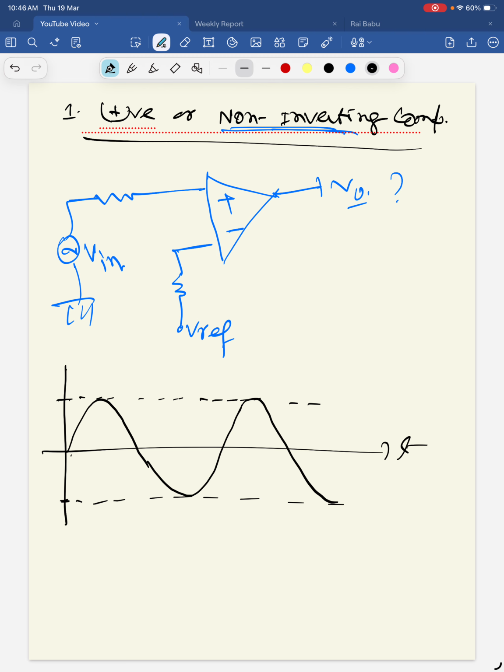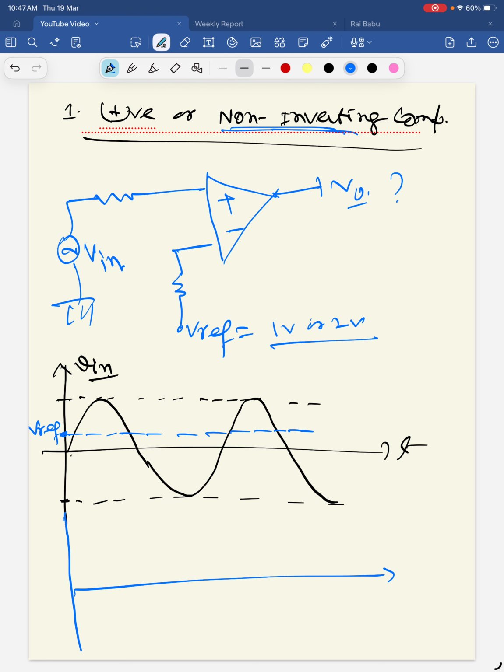This is t, this is V in. Now I am writing the reference, V reference, suppose 1 volt or 2 volt, something like that. Suppose this is the reference voltage. Now we have to draw the output waveform.